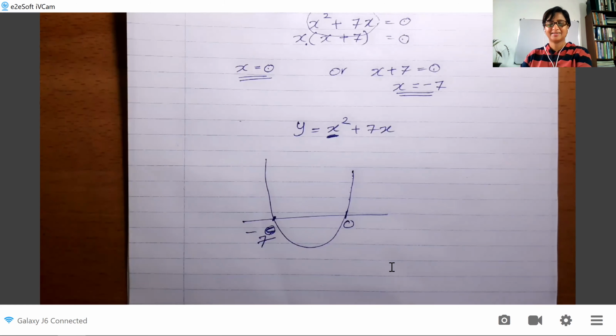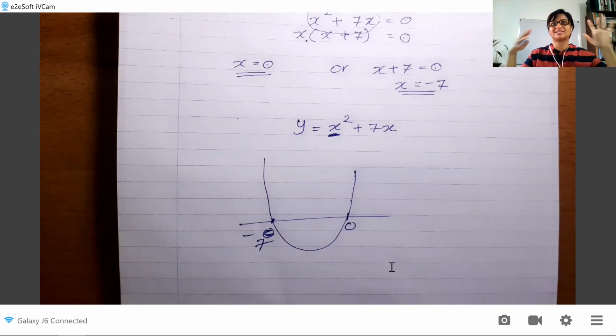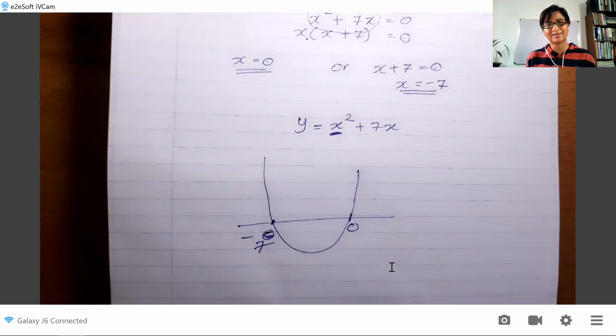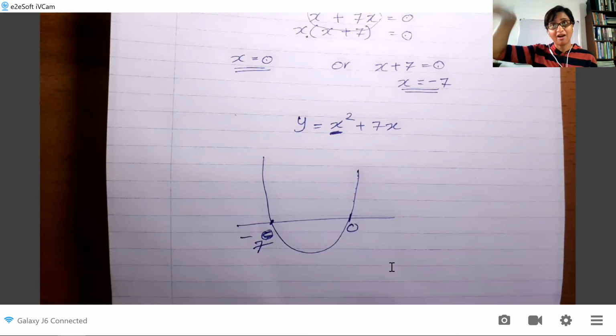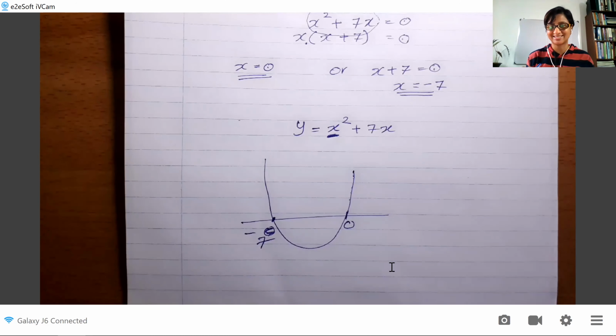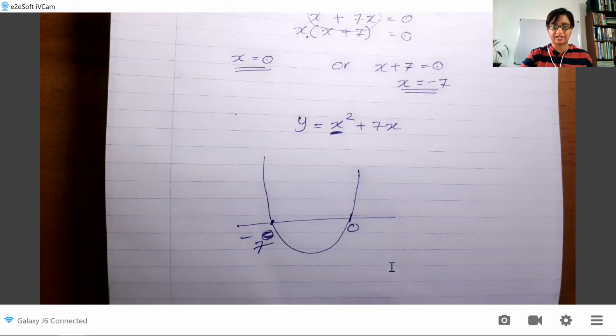Now, all those connections you have to just have in your mind. When you solve an equation, just quickly relate it to the corresponding graph. What I'm finding here is where the graph of this particular expression cuts the x-axis. I mean, that's nice, right? So many connections that you can make.